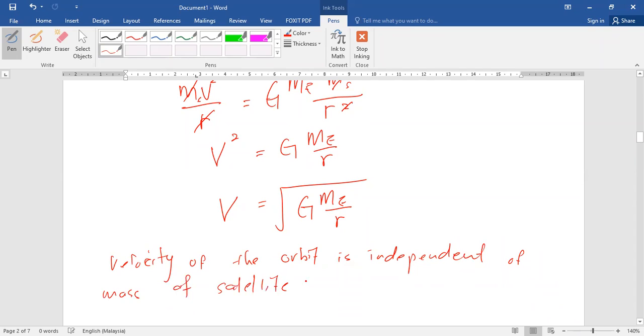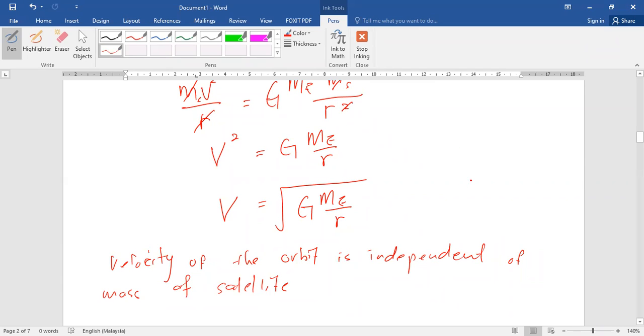That means that the speed does not depend on the mass of the satellite, but it depends on the mass of the Earth. The mass of the Earth we cannot change. The gravitation constant G will not change anymore. Just the r will be different. The speed of the satellite depends on the distance of the satellite from the center of the Earth.